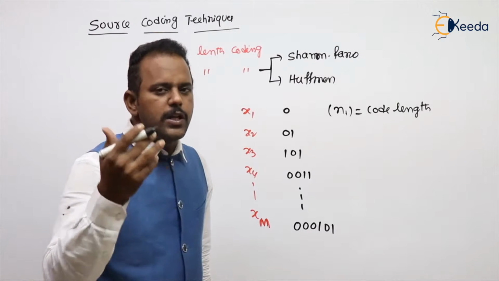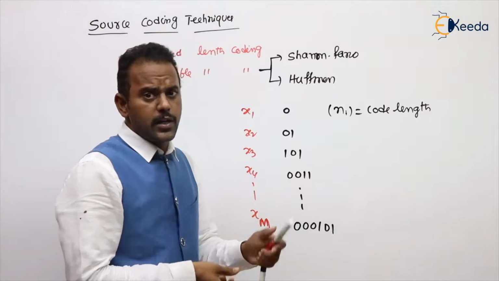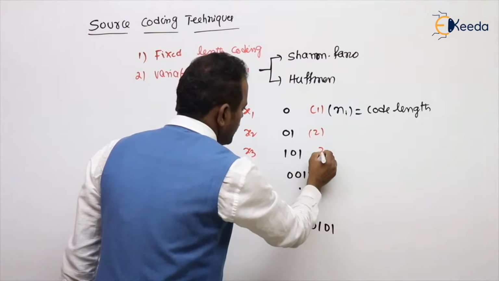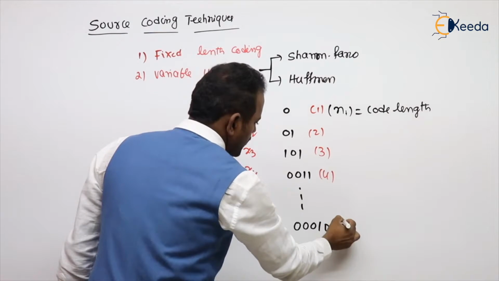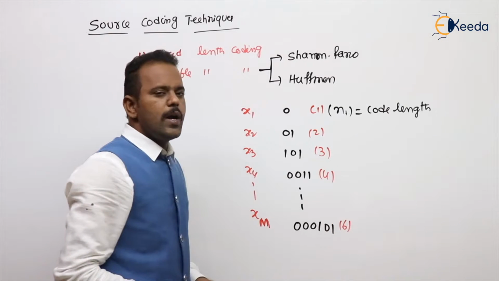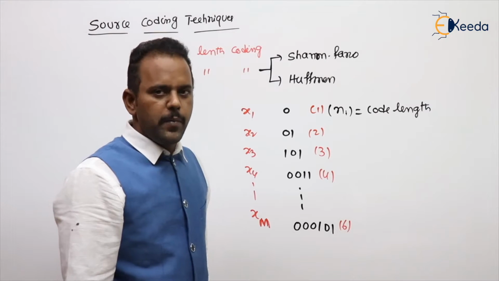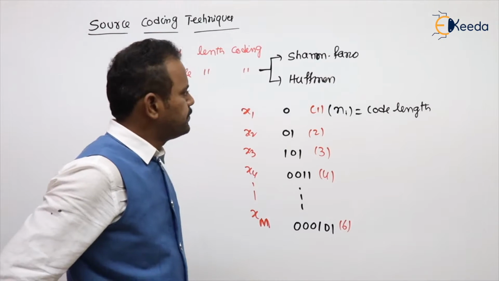The number of bits in each code is called code length. Maybe 1 or 0. What is the code length here? 1, here 2, here 3, here 4, here 6. So code length is nothing but the number of bits in the code.